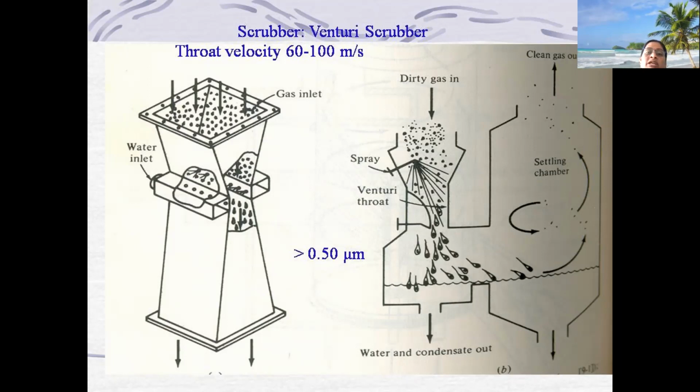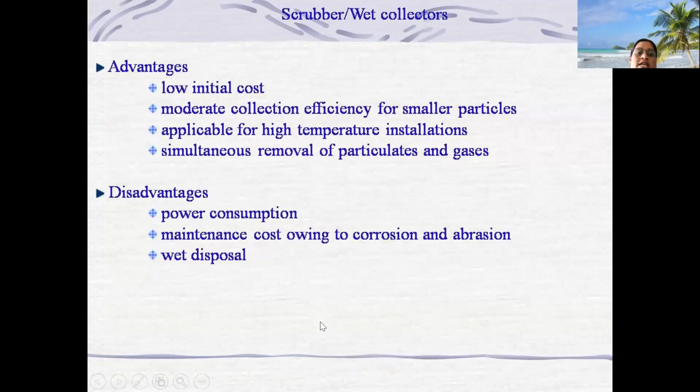Okay, so that way sequentially you can apply the different types of equipment for the control of air pollutants at the industry. In short, we'll see the scrubbers altogether: Venturi scrubber, tower scrubber, then cyclone scrubber. All these together, advantages and disadvantages we will discuss.